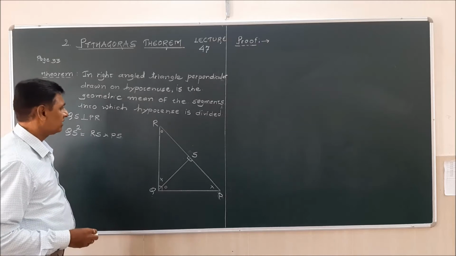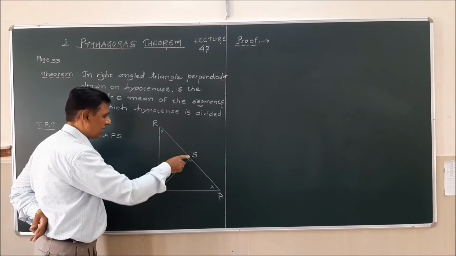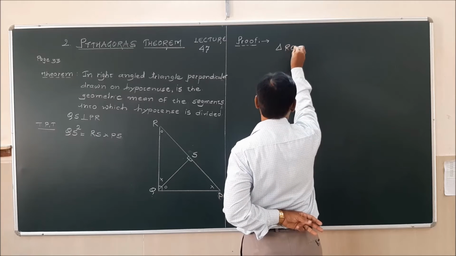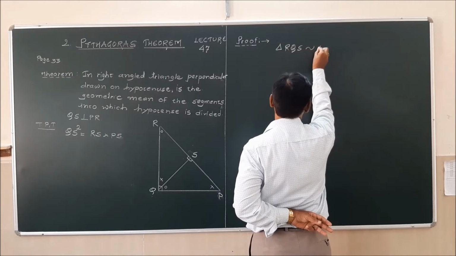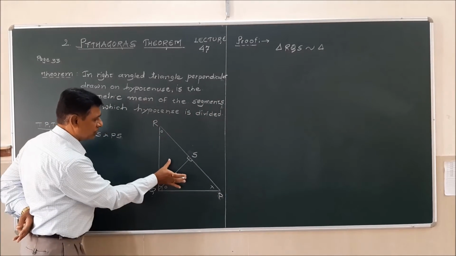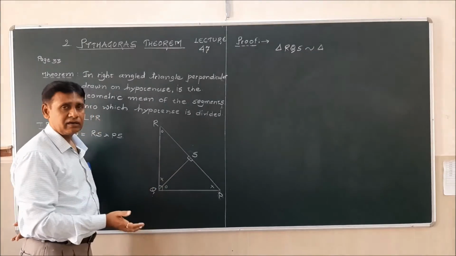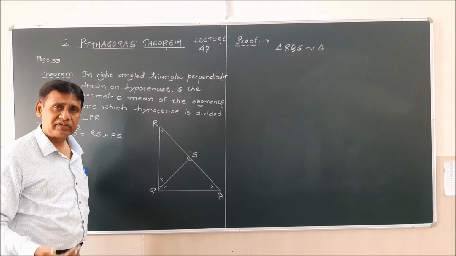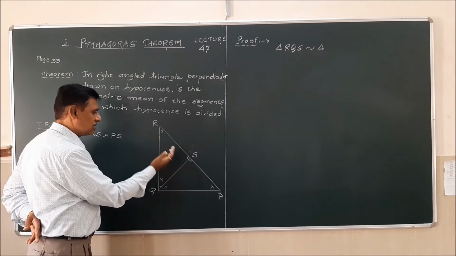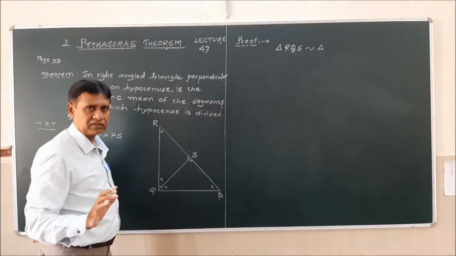So in proof I will write this way: triangle RQS is similar to triangle. Now please see the analytical marking. I am going to take these two triangles similar, which we have already studied in the previous theorem, that whenever perpendicular is drawn on the hypotenuse, triangles formed on both sides of this perpendicular are similar to each other, same property.